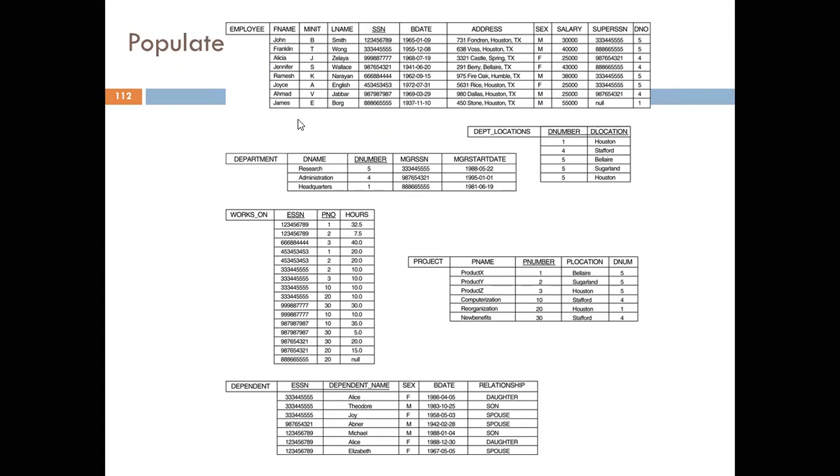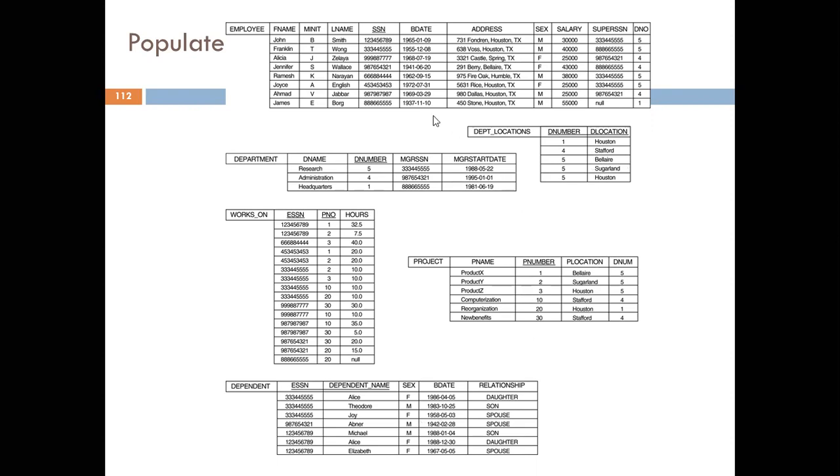These are the names: first name, middle initial, last name. Then in department: research, administration, headquarters along with their numbers. Locations is also present over here. Department number 1 is present in this location, 4 this location, and 5 is present at 3 locations. Similarly, the data is being filled over here.